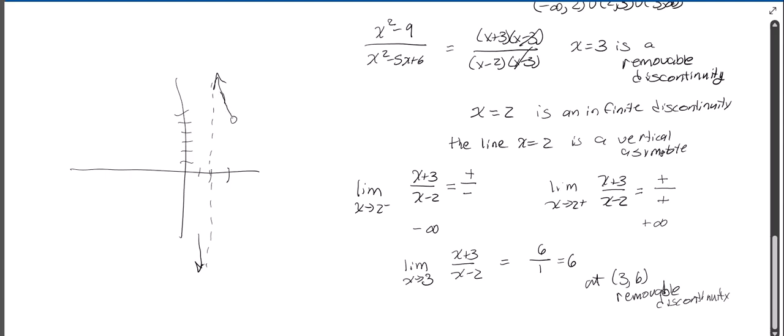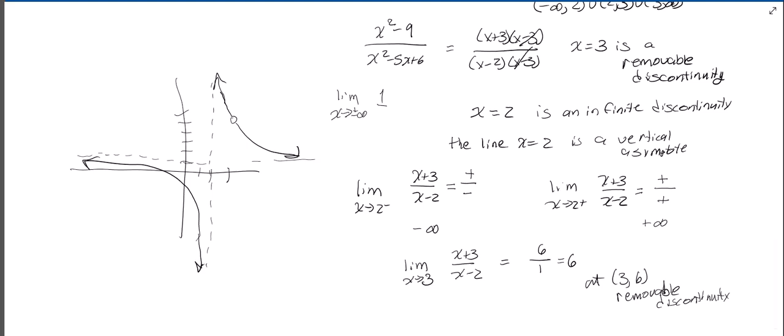Now, if we look at our original function, (x² − 9)/(x² − 5x + 6), we can see the limit as x approaches plus or minus infinity is going to be 1 over 1, which is just 1. So I have a horizontal asymptote at 1. And so it's going to look like that, and look like that.